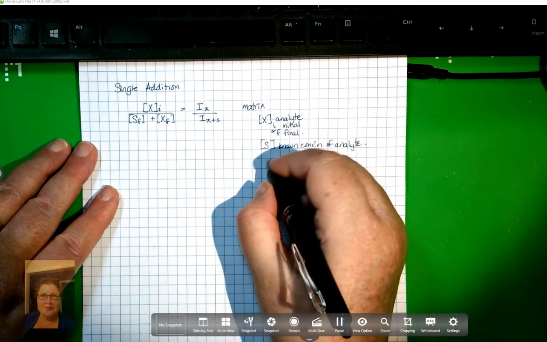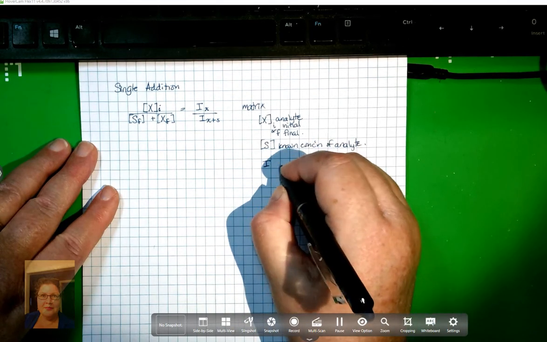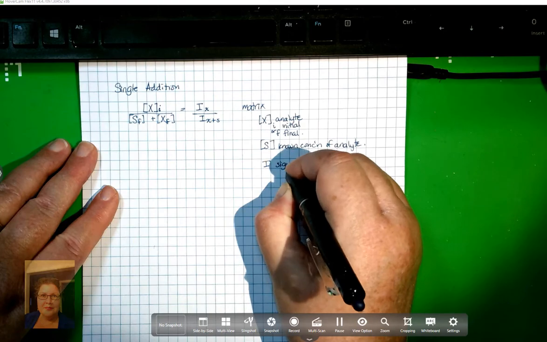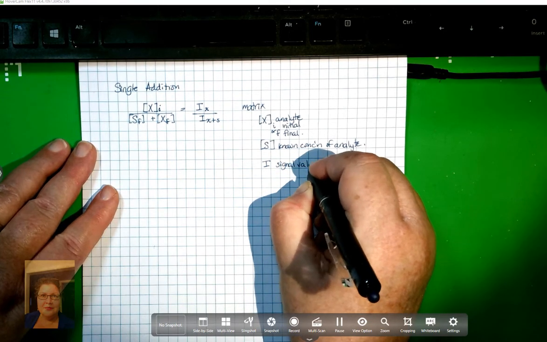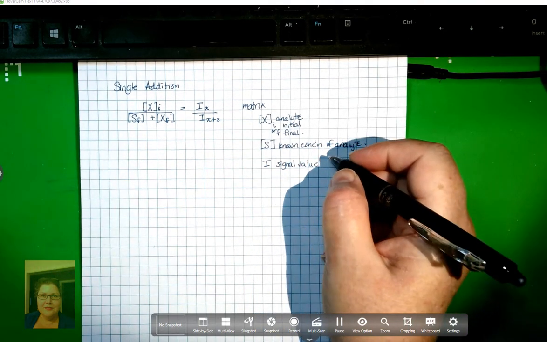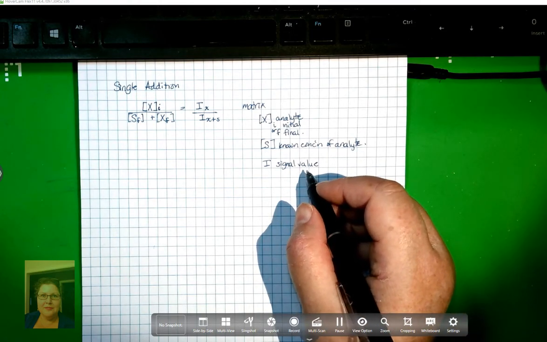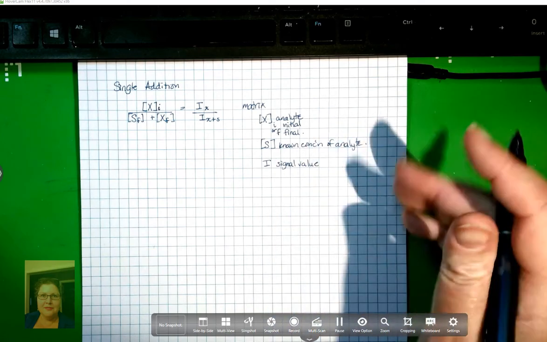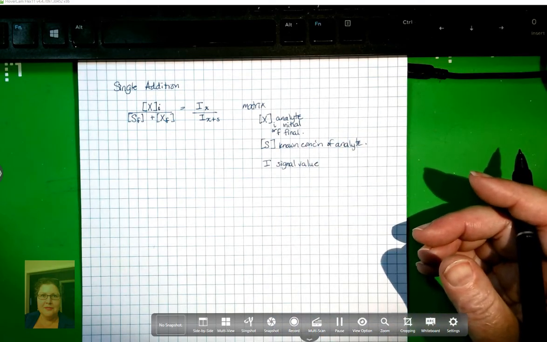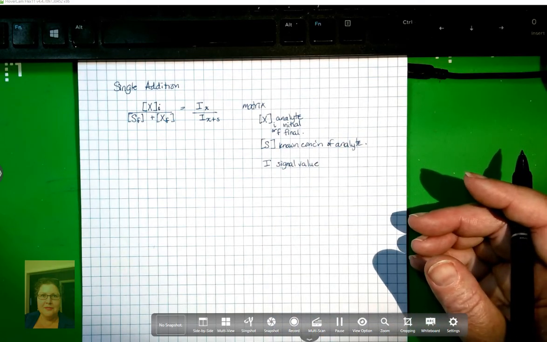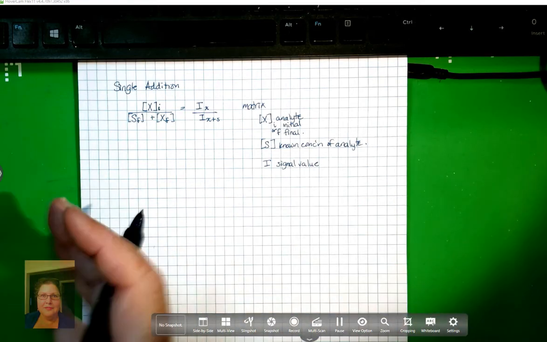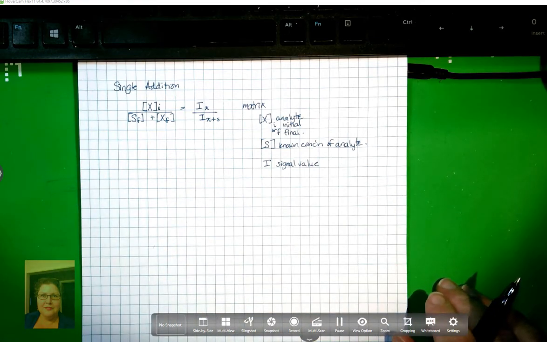And we have intensity. So this is just a signal value. Now they call it intensity because they're not really sure what kind of equipment you're working with. Maybe you're looking at absorbance, maybe you're looking at voltage, whatever it is that you're measuring, we could call that response to the concentration and intensity value.